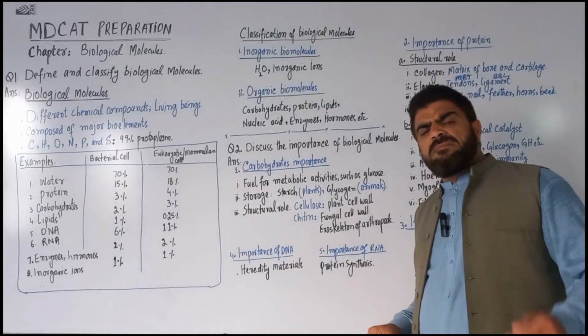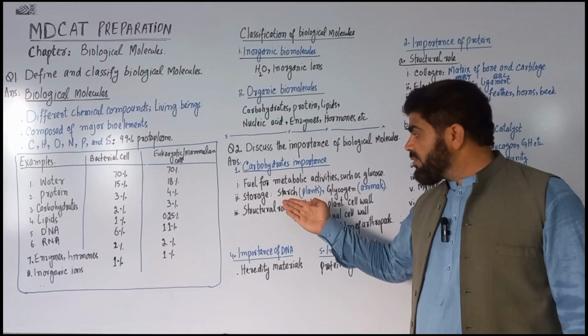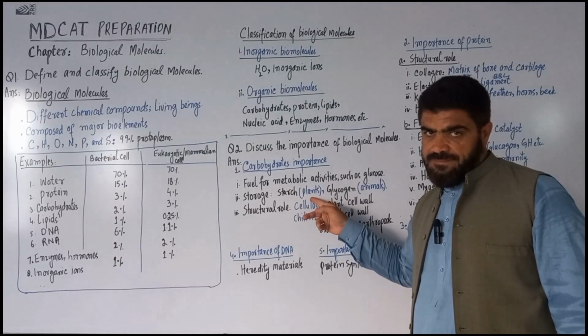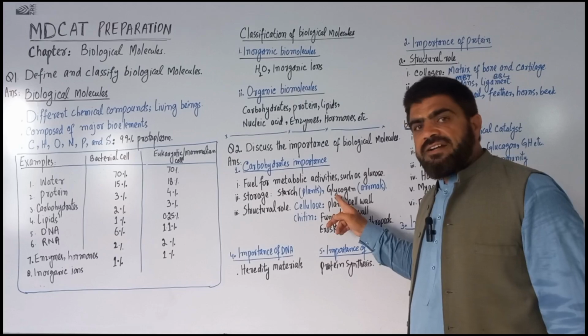Carbohydrates also have a storage role, for example starch, the carbohydrate stored in plants, and glycogen, the animal starch, the carbohydrate stored in the animal body.